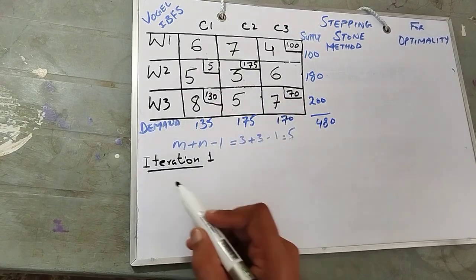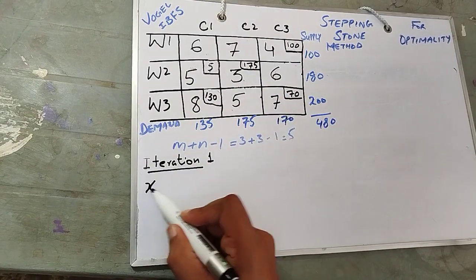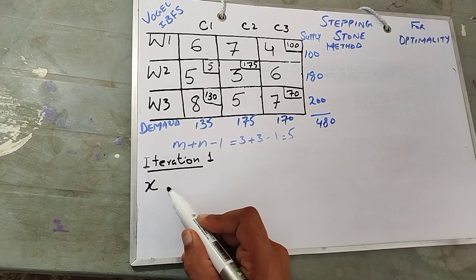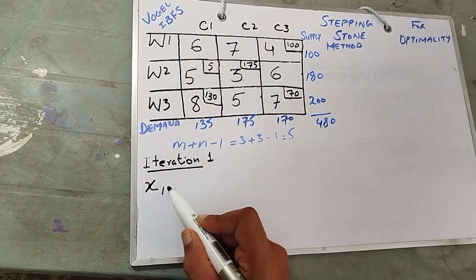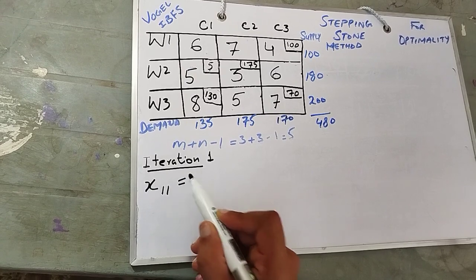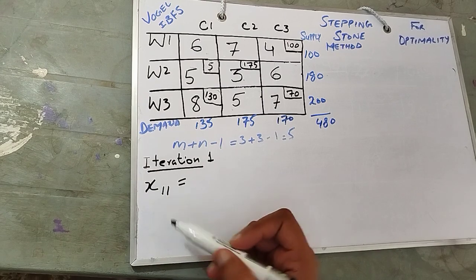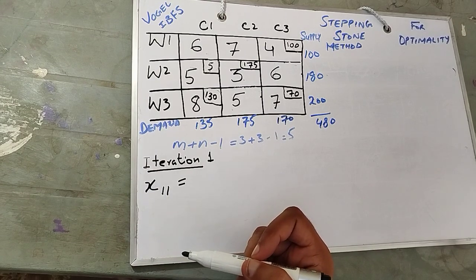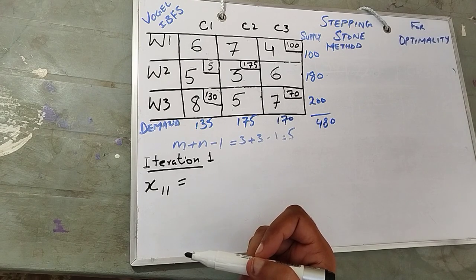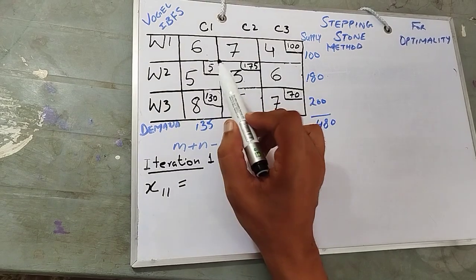So the first one is X1,1. First row, first column. First row, first column, we are going to work on it, and how are we going to do it?